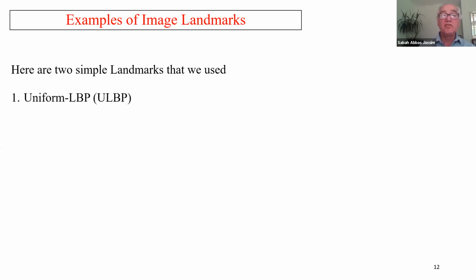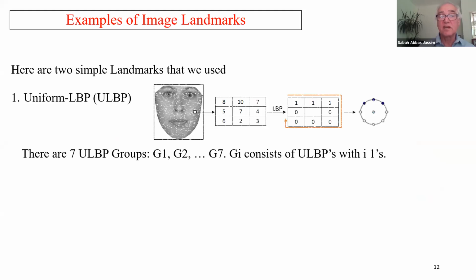If I take examples of landmarks, we use a few, but let me just introduce quickly the so-called uniform local binary patterns in an image. These are very easy. The LBP transform basically takes any pixel and changes its value in terms of its order relationships with its 8 neighbors.